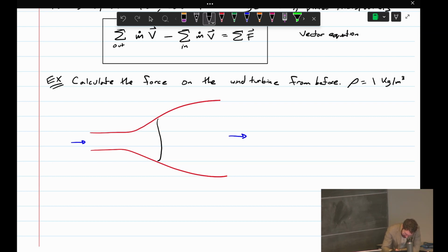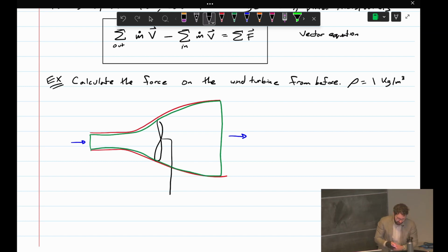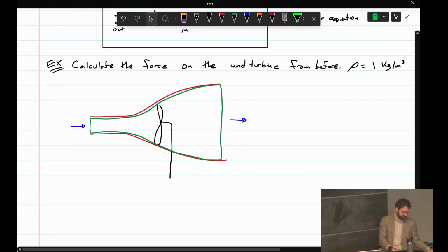So a reminder of what we had. Something like this. And our CV was like this. So our CV is a region of fluid. And the momentum change of our fluid will apply a force to this wind turbine.